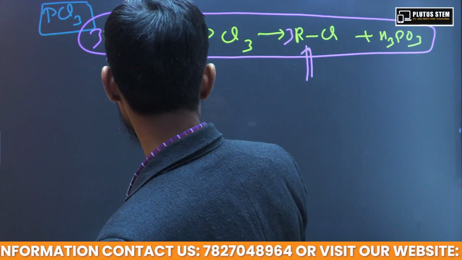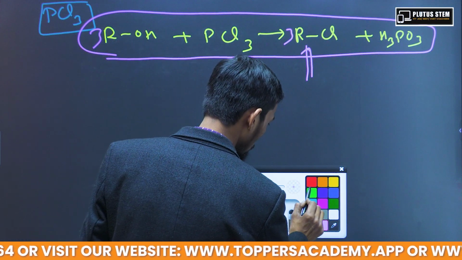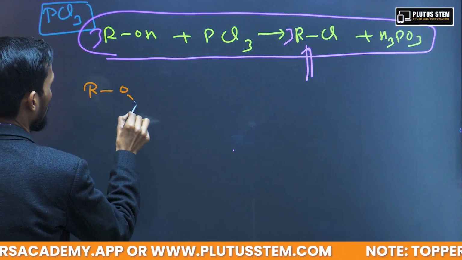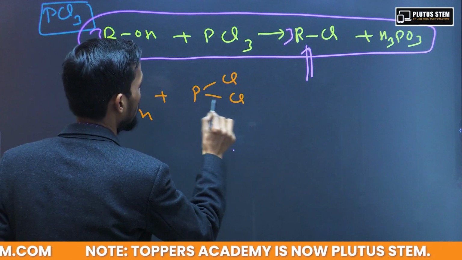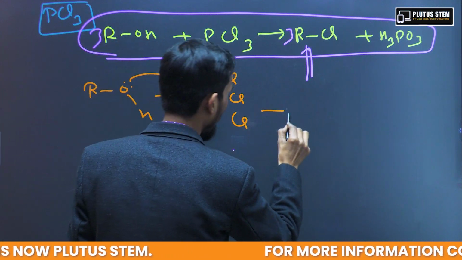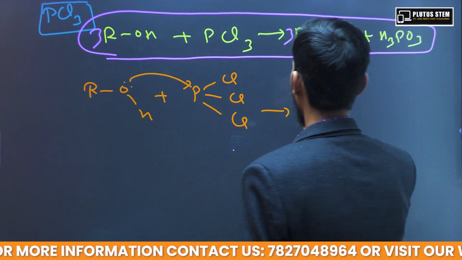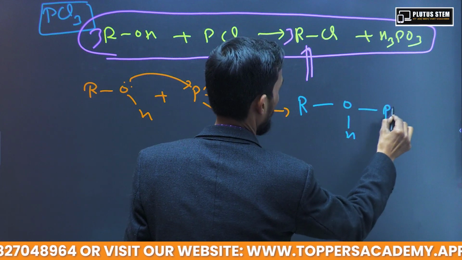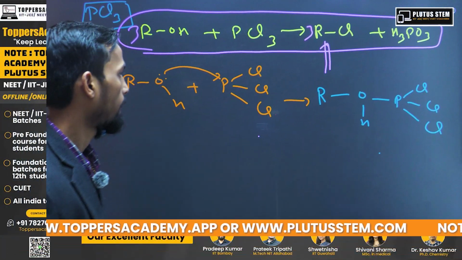So if you see the mechanism a bit, mechanisms are not that important, I am just telling you that if this is ROH, when reacted with PCl3, this will attack over here, and what we are going to get over here is ROH PClClCl like this.